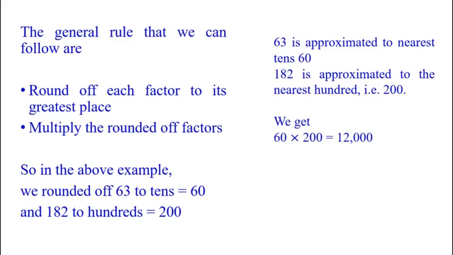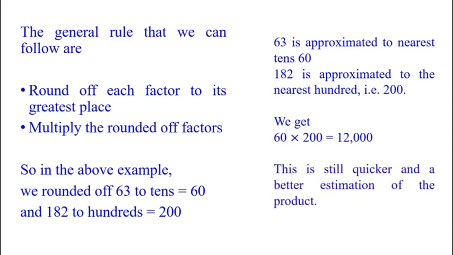We get 60 into 200 is equal to 12,000. This is quicker and a better estimation of the product.